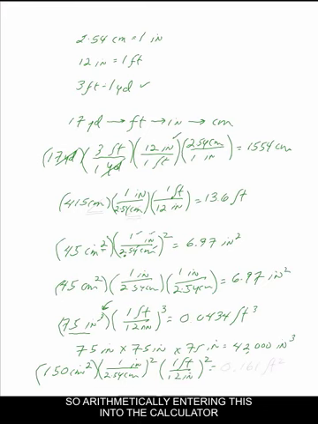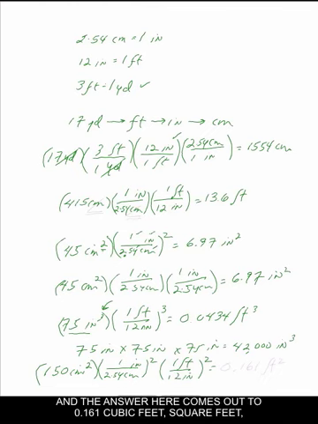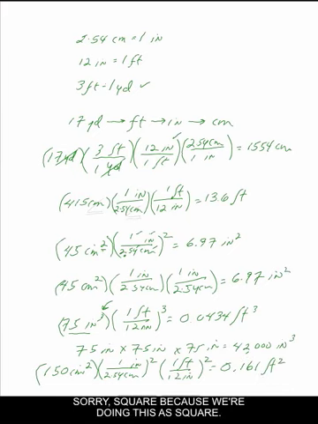So arithmetically, entering this into the calculator is 150 divide 2.54, divide again 2.54, then divide 12, then divide again 12, and the answer here comes out to 0.161 square feet, because we were doing this as square.